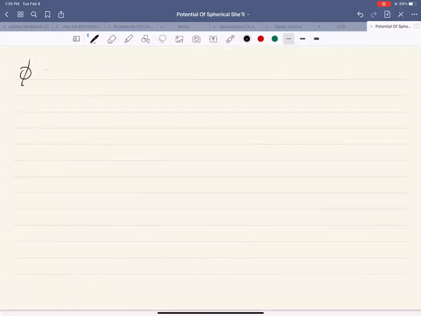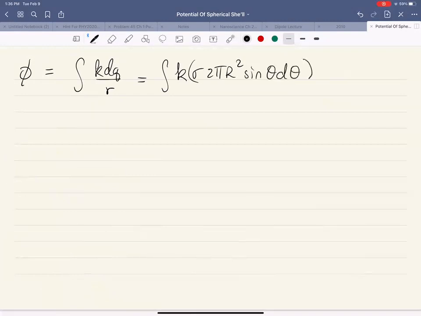So I've got phi is equal to the integral of k dq over r. That's going to be equal to the integral of k, and then dq would be sigma times 2 pi R squared sine of theta d theta, as we found before.